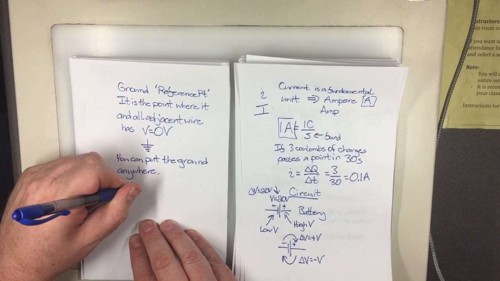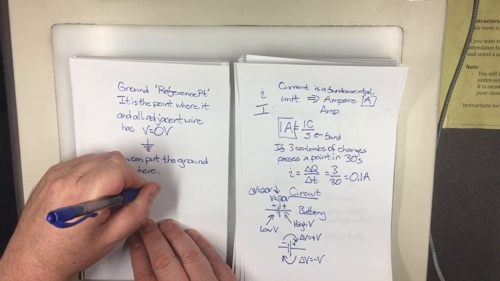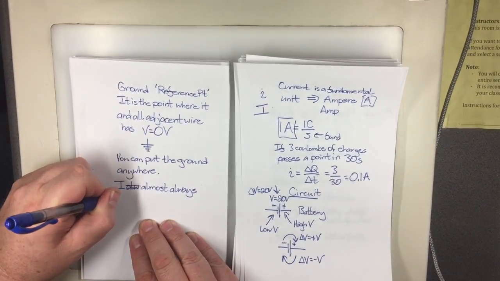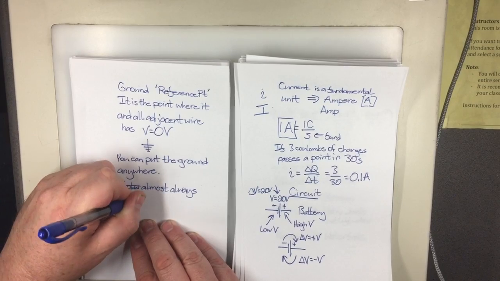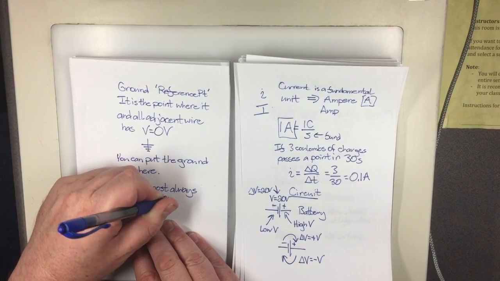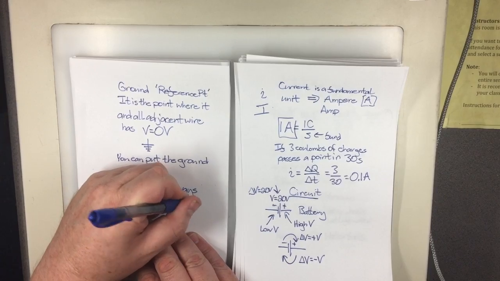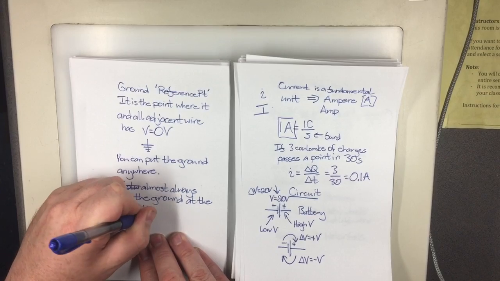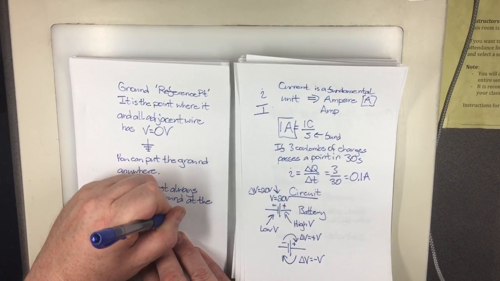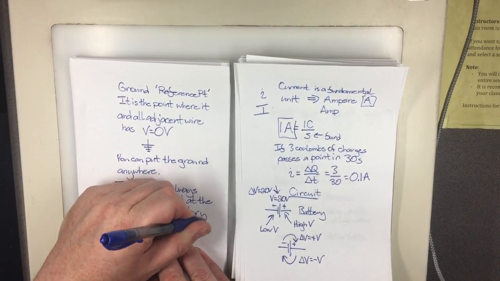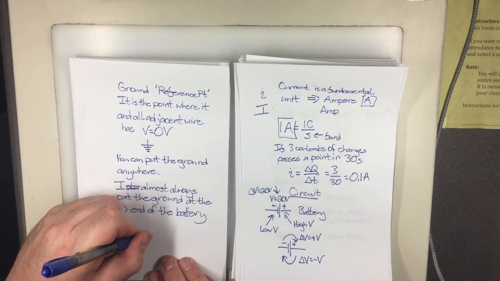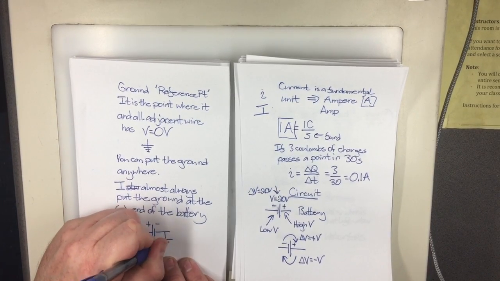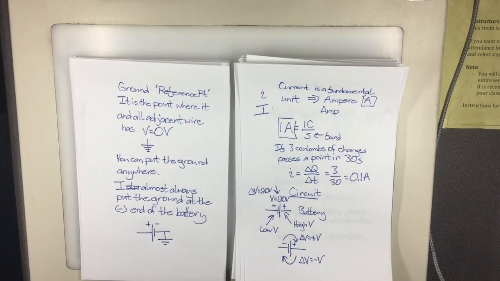I almost always put the ground at the negative end of the battery. So typically, if you see a battery that I've built, I will put the ground like that.